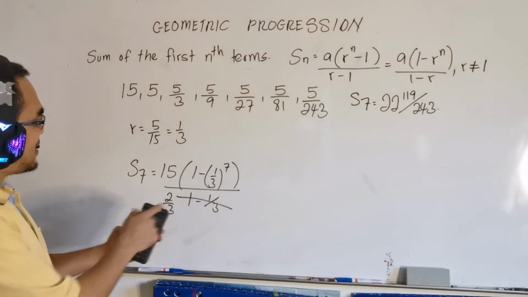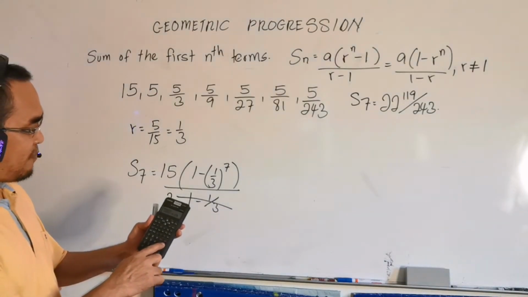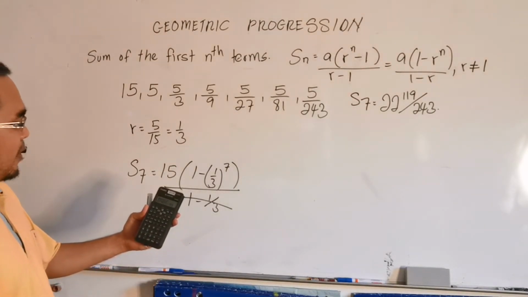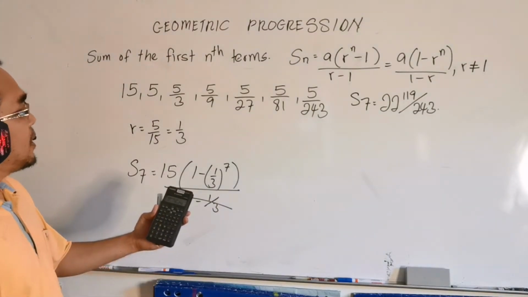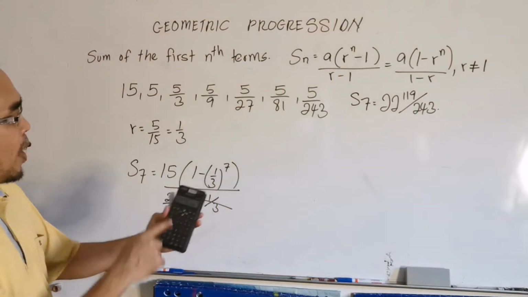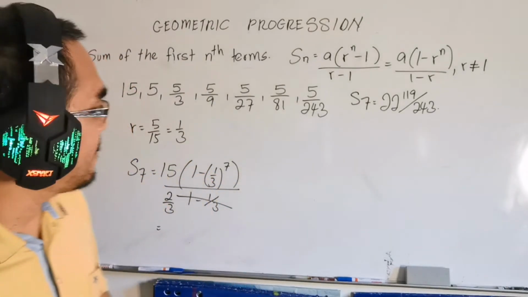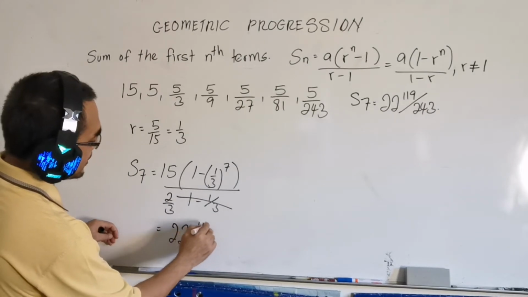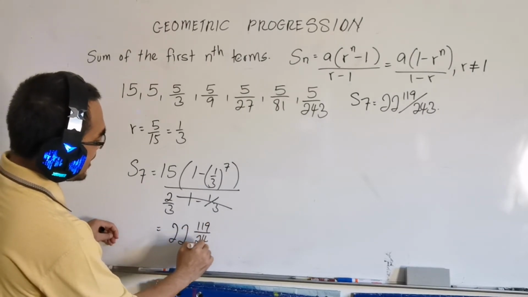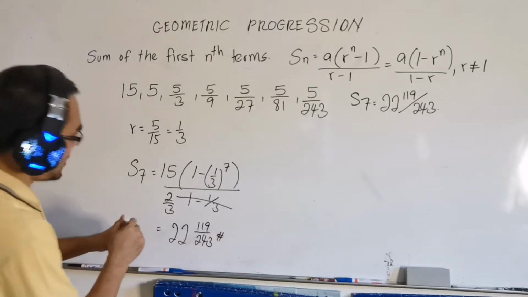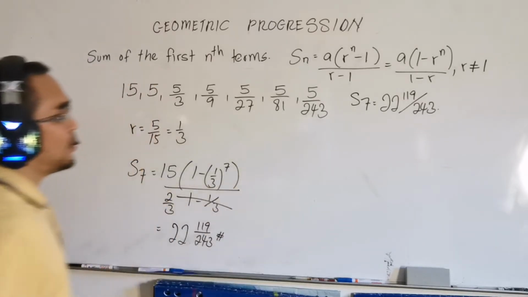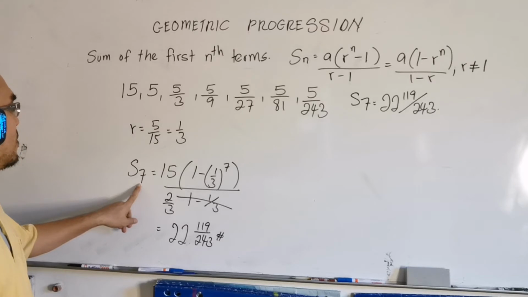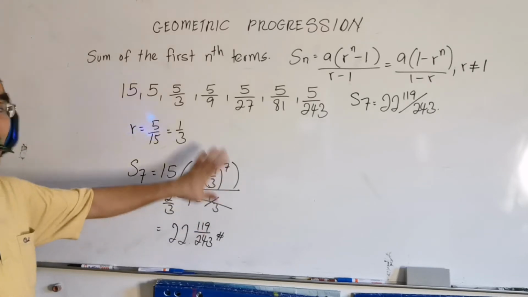Now whatever the answer, divide by 2/3, and we get 22.48. Make sure you change to a fraction. So you still get 22 119/243. It is the same answer that we calculated manually. So even if the number of terms were 100, it is still easy to calculate.